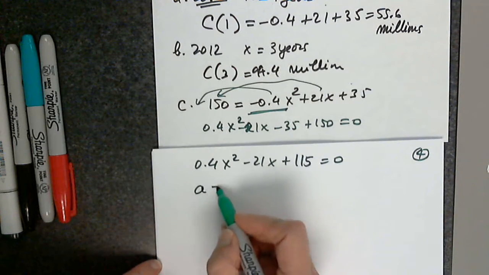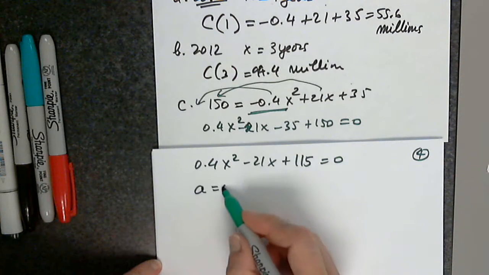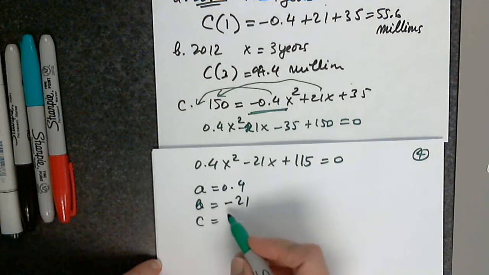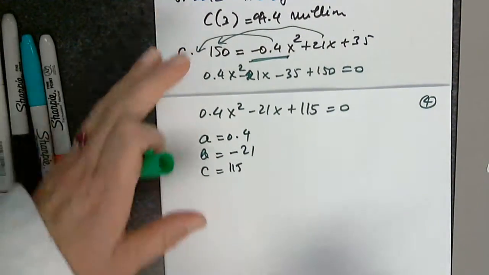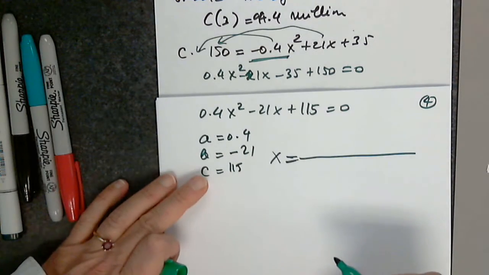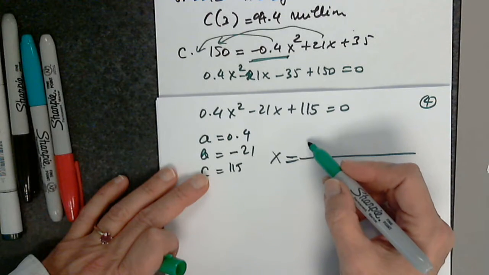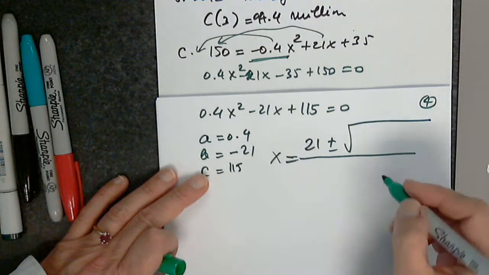How much is A? How much is B? How much is C? Good. Let's put this together in the graphing calculator, but let's write it first. It's easier to copy it. So then x equals negative B. Careful. Very good. Plus or minus the square root. Don't perform any calculations.